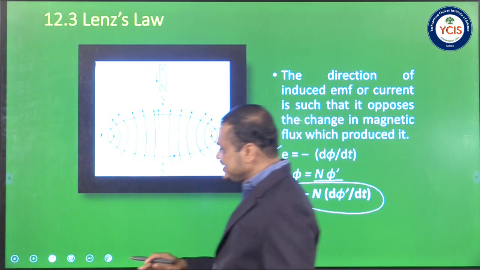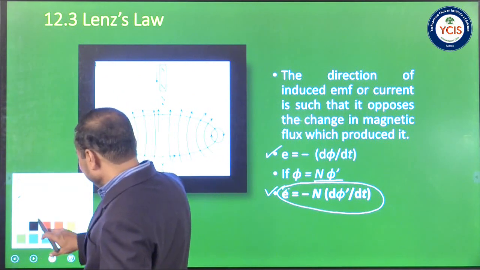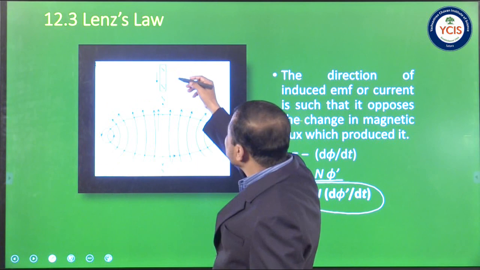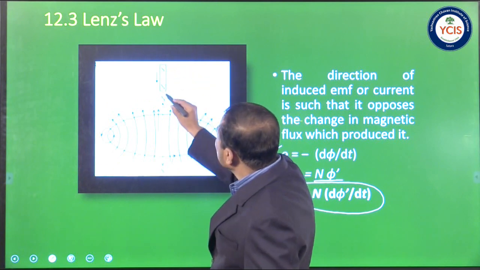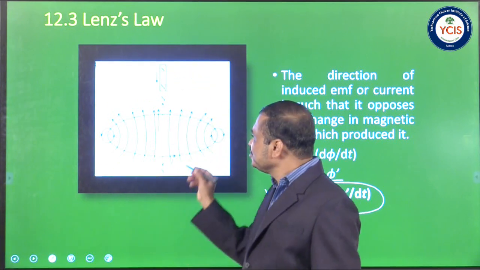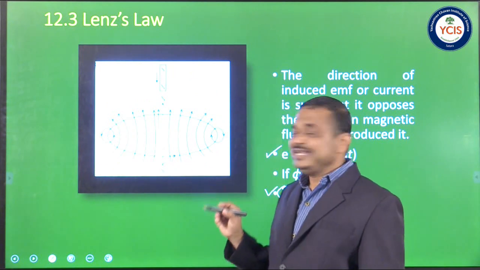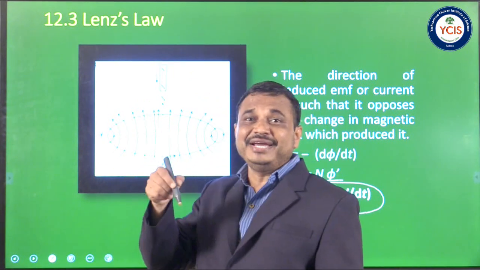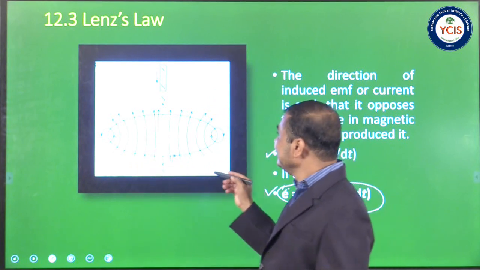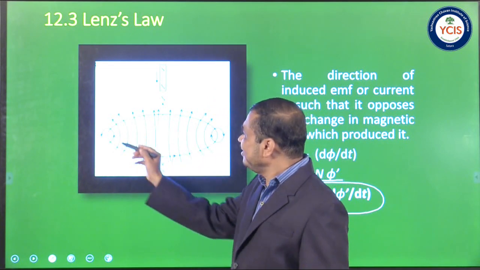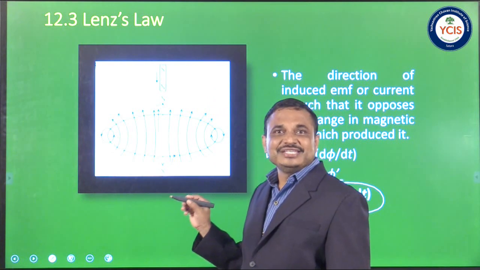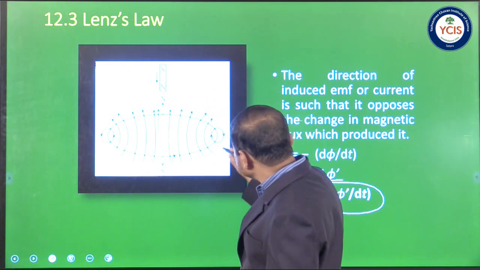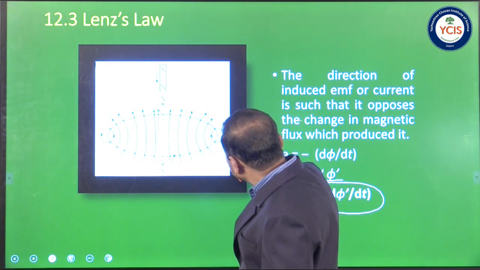In this figure we see a bar magnet whose N pole approaches the face of the coil. It is found that when the N pole of the bar magnet is approaching the coil, the EMF or current is induced in this coil in an anticlockwise sense. So this is the anticlockwise sense.